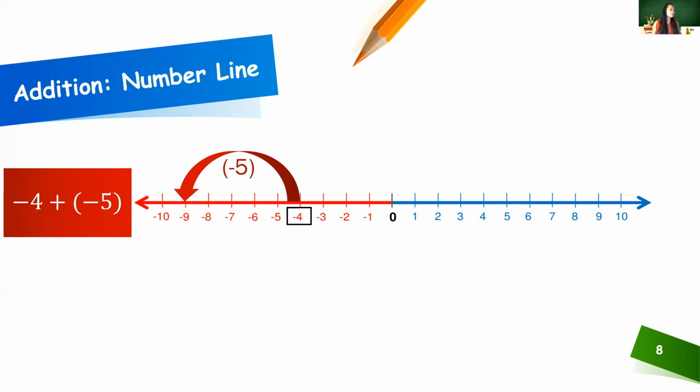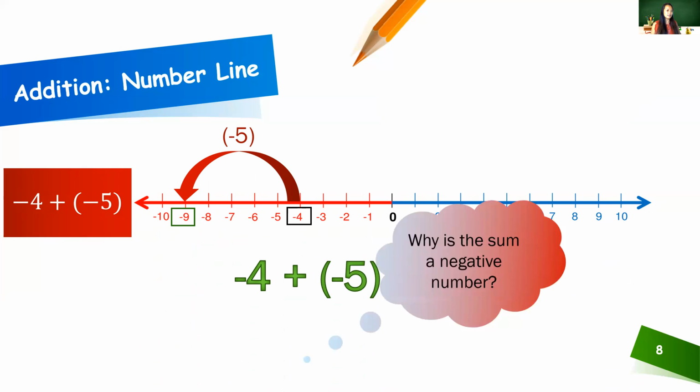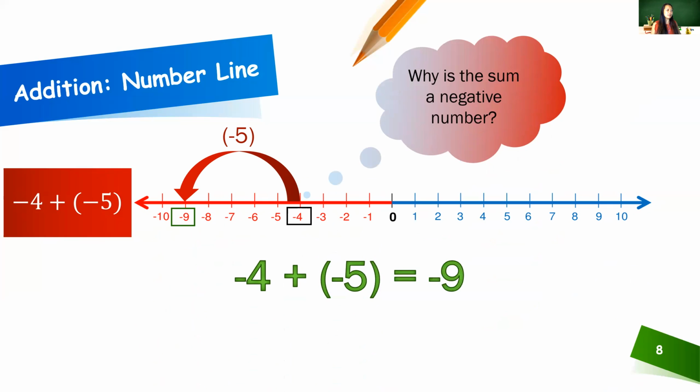You move left from a negative number, that's going to be more negative. So you end up at -9. So we would say -4 plus a -5 is a -9. Now, why is this a negative number again? Because you were already in the negative zone, and then you move to the left, meaning it would be more negative. So -9 is the result.